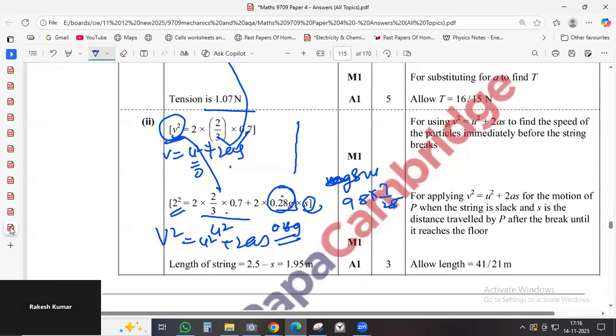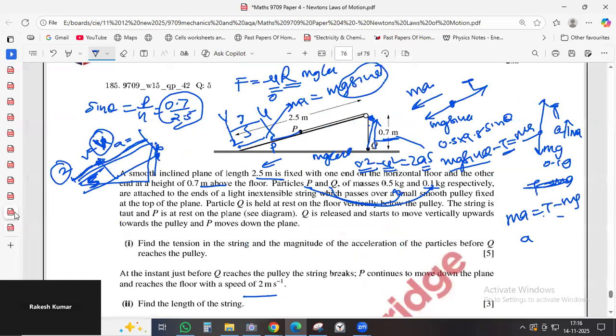The distance comes out to be s, this, and then he puts it here, and he subtracts that distance, because this was the total 2.5. The string is here now. So this is the string length, and this is s. So 2.5 minus s is l.